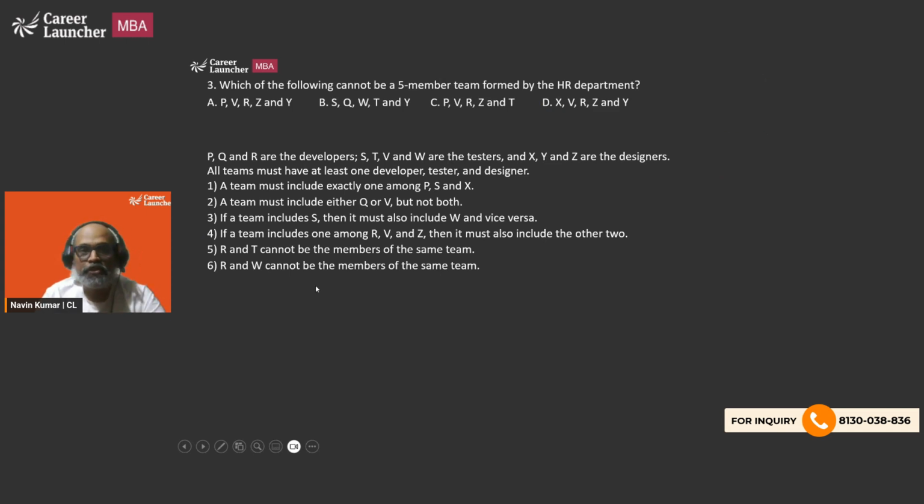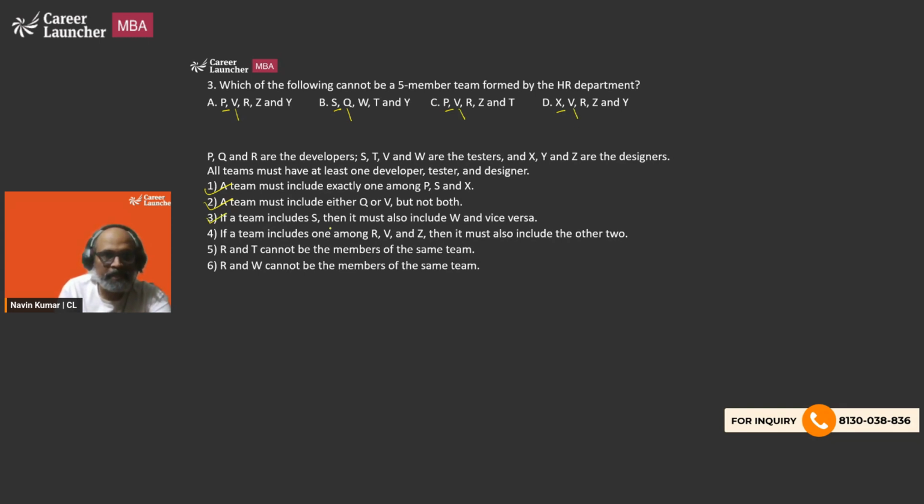Next, which of the following cannot be a five-member team formed by the HR department? Again, we'll go by the options and go through the statements one by one. A team must include exactly one among P, S, and X. P, S, P, X. All good. A team must include either Q or V, but not both. We see a V, we see a Q, we see a V, we see a V. All good.